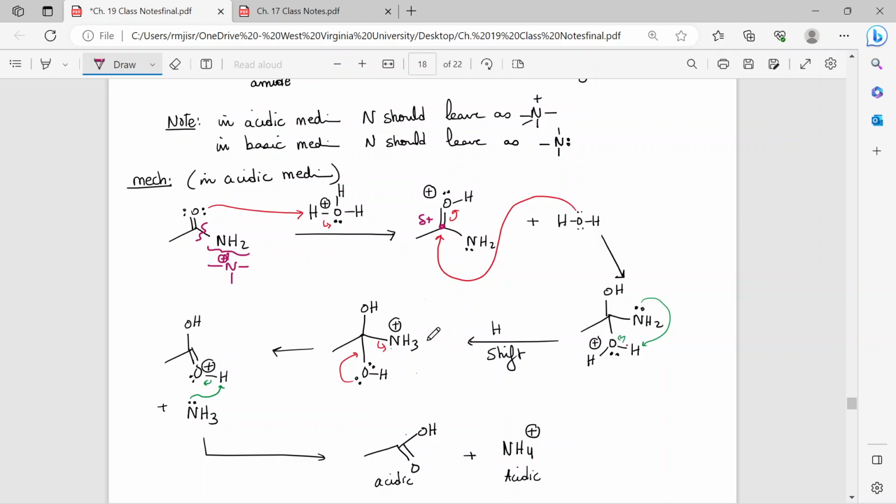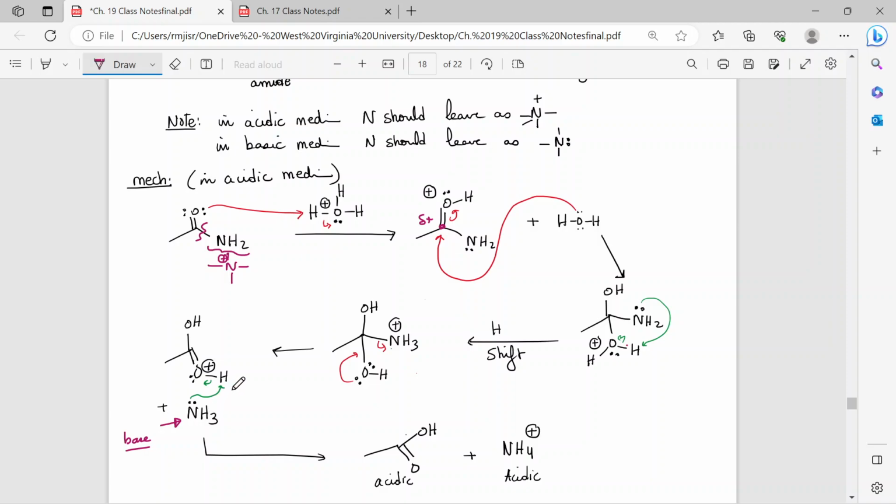When you do this, see, the nitrogen now has a plus charge, so now it can leave by simple resonance. You move the lone pairs, you break the bond between the carbon and the nitrogen, and now the ammonia is going to leave. Ammonia cannot stand like this on its own in the solution because ammonia like that is a base and your medium is an acid.